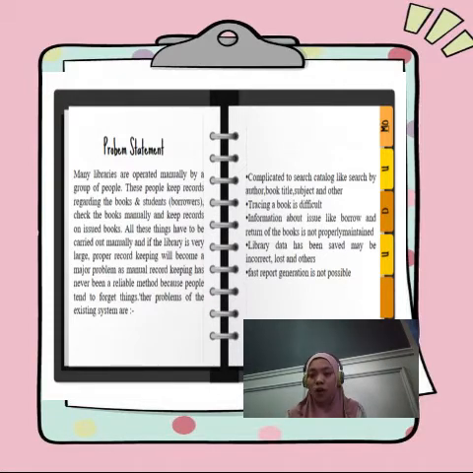There are problems with the existing system. It is complicated to research the catalog, like searching by author, book title, subject, and others. Another thing is that tracking books is difficult. When we talk about tracking, it is really hard for students or users to find any books at the library, and the information about issues like borrowing and returning books is not presented.